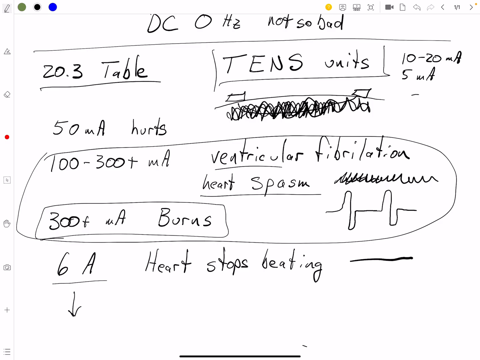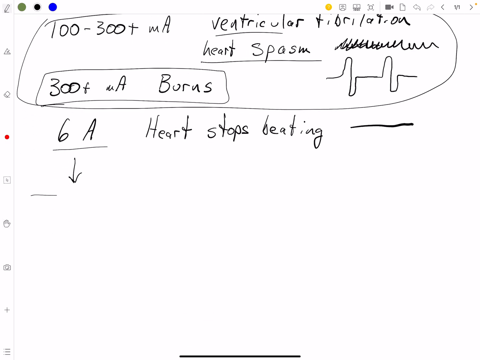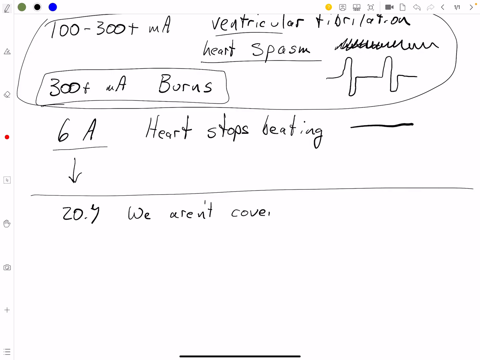The last thing I want to say before I stop here on this wonderful note is that section 20.7 we aren't doing. We're not covering it. However, for biology students, you should read it.